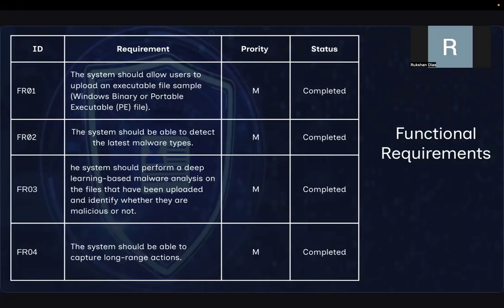It can go up to 512 different vocabularies. Since Mal API 2019 consists of 512, 447 different vocabulary, it was able to detect most of the malwares.